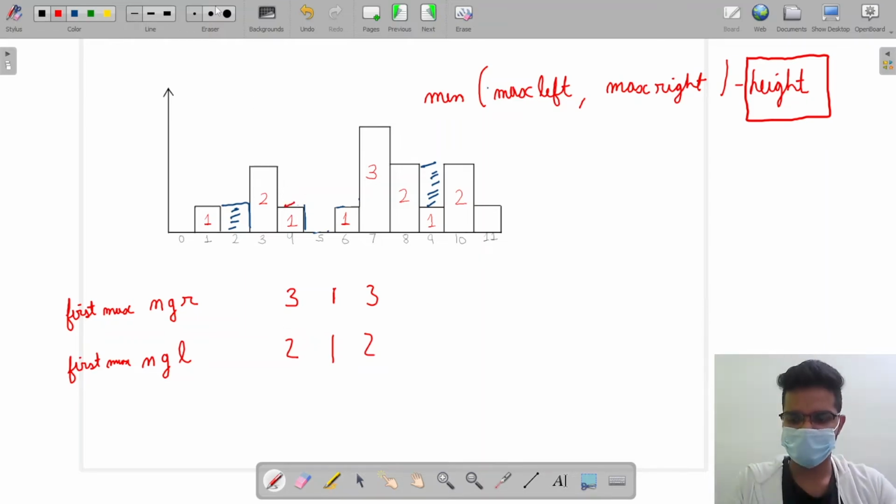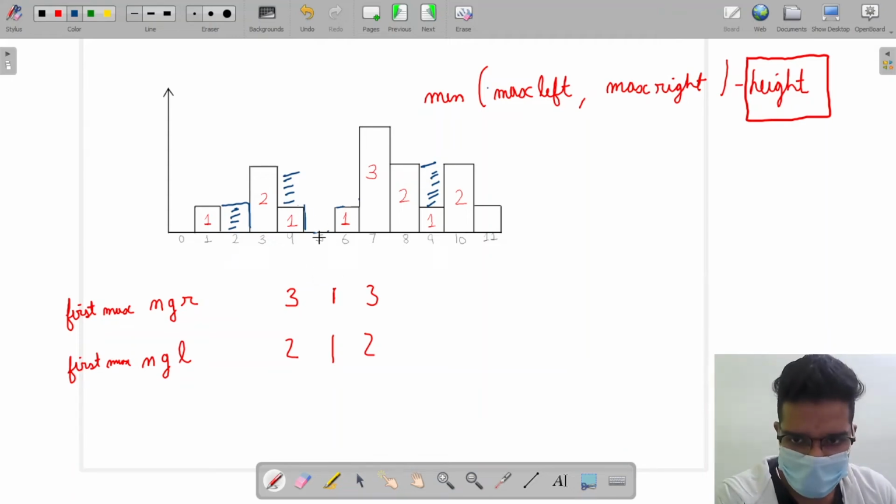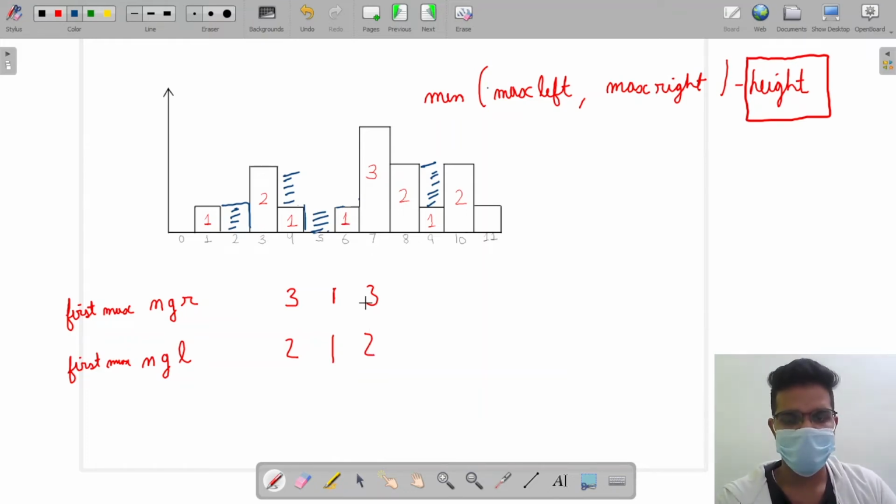So here 1 unit of water I can store, of course. Now let me show you how much water I can store here. The minimum is 1 minus my height, that is 0, right? And now here the minimum is 2, minus my height, so this much water.